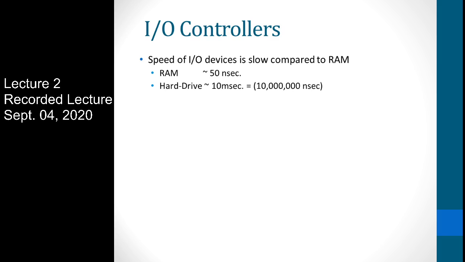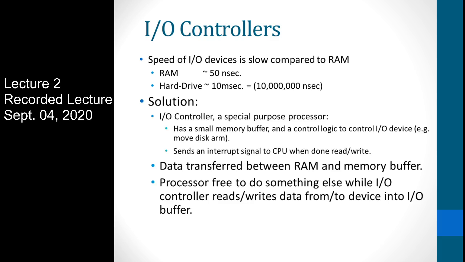So, therefore, the CPU cannot interact with hard drives and other drives. Kahit flash drives yan. Okay? Kasi napakabagal niya. Solution, I/O controller, special purpose processor, has small memory buffer and the control logic to control I/O device.